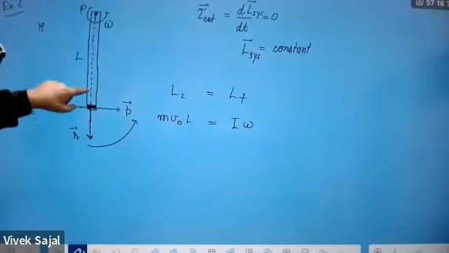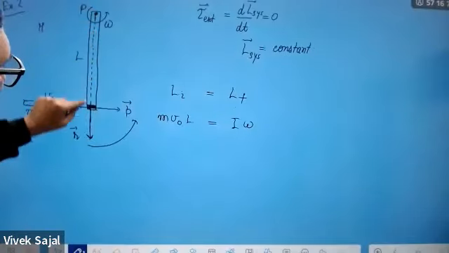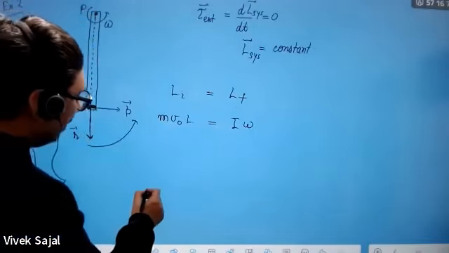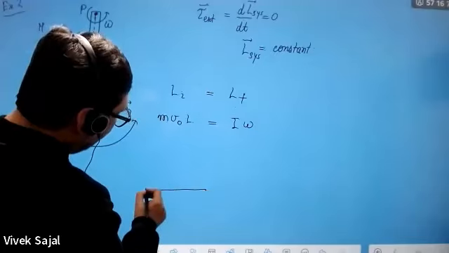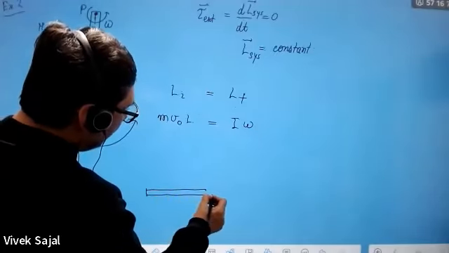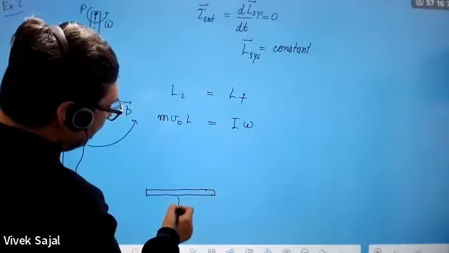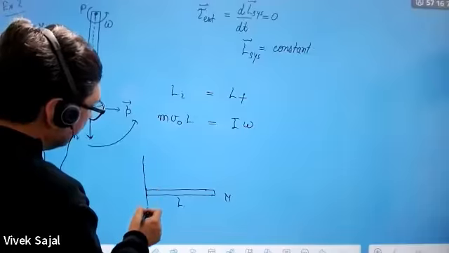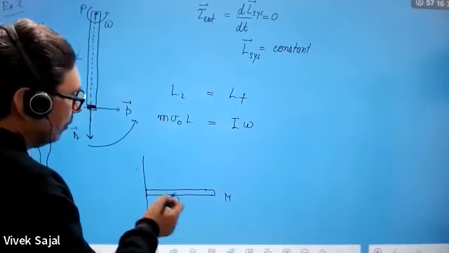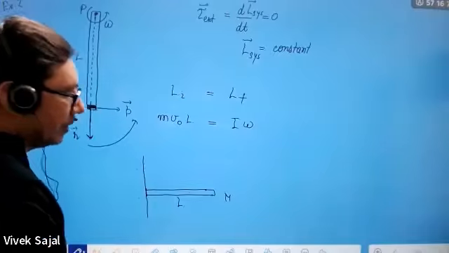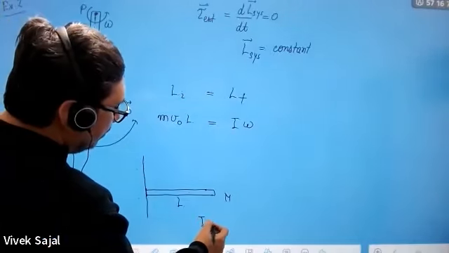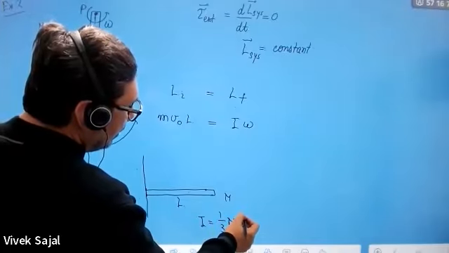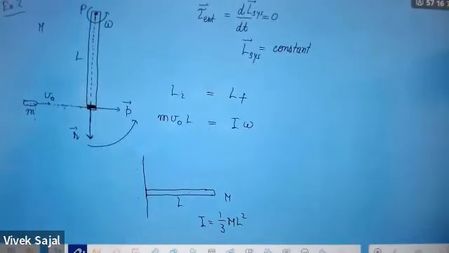What will be the moment of inertia of this rod as well as this bullet? First, if you have a rod of length L and mass M rotating about this axis, its moment of inertia, if you remember, is 1 by 3 M L square, or M L square by 3.